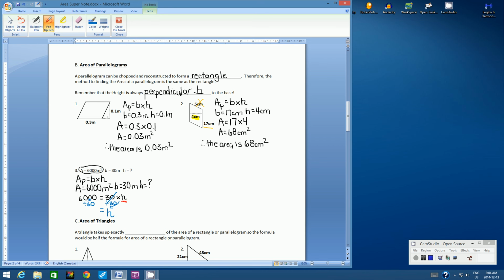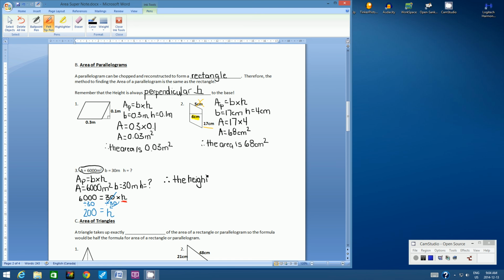Now let's look at the left-hand side. 6,000 divided by 30. Well, please use your calculators to solve for that. So 6,000 divided by 30, hopefully you got 200. Okay, so let's not forget our concluding statement. Therefore, the height, remember it's not the area, that's not what we were asked to solve.